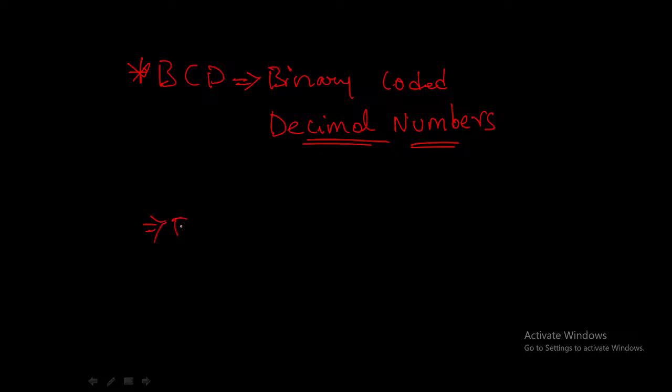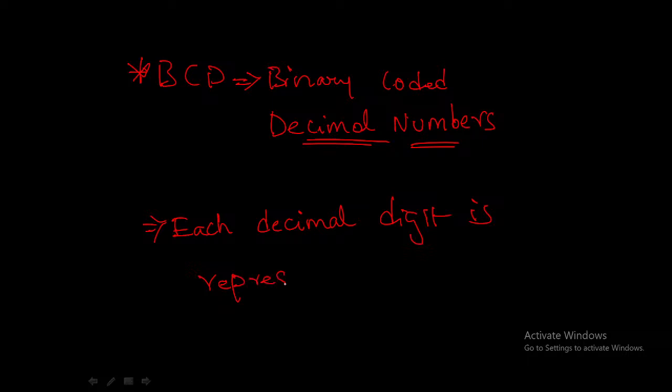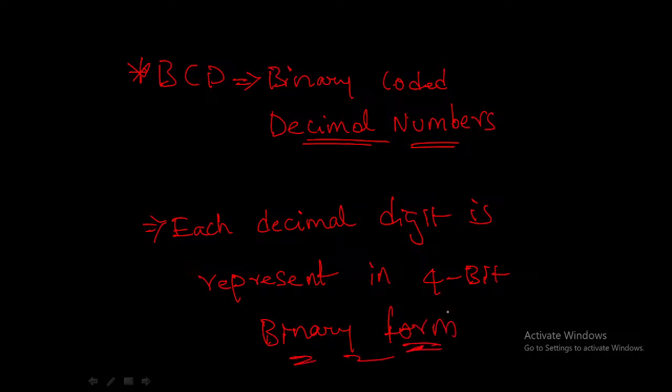So each decimal digit is represented in 4-bit binary form. This is very important.